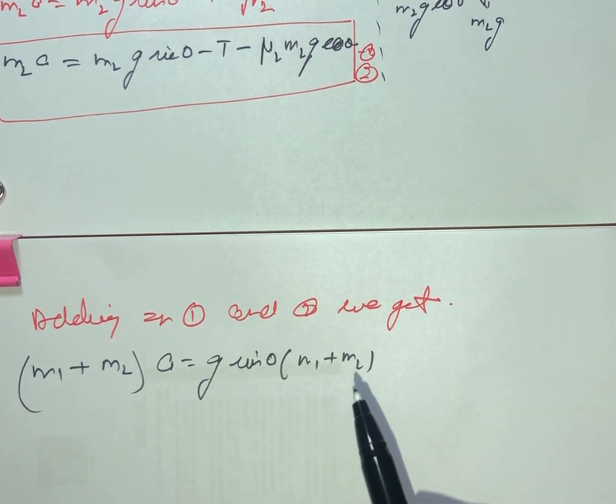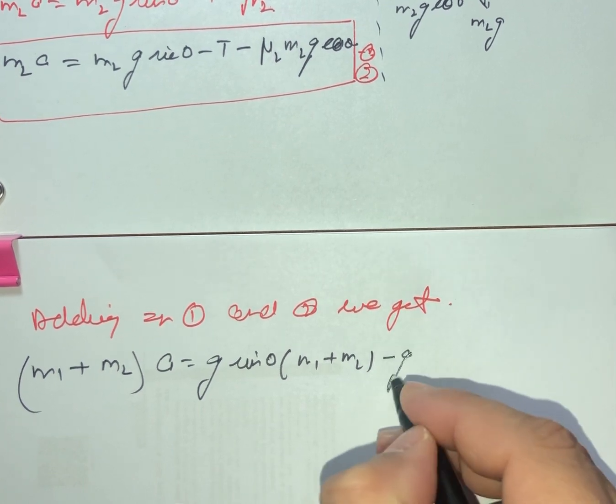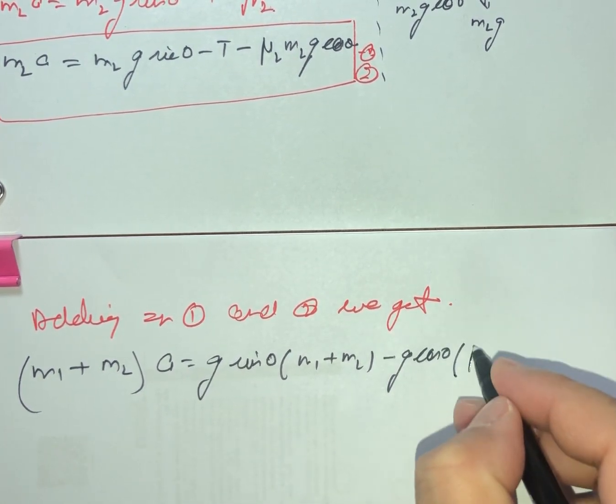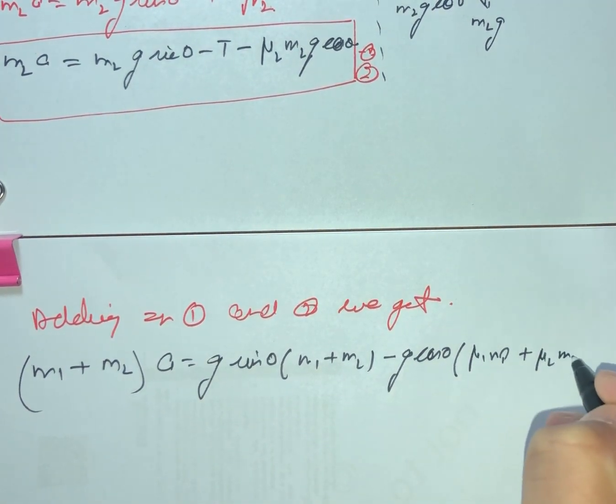Minus T and plus T cancel out, and on the other part we have minus g cos theta, which is common, and we are left with (mu1 m1 plus mu2 m2).